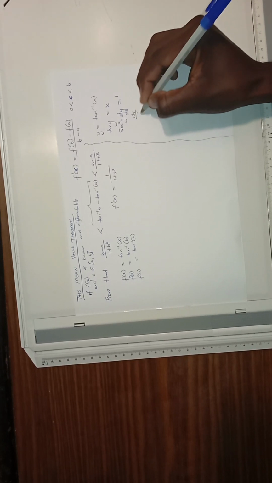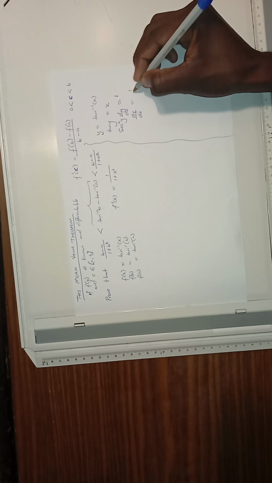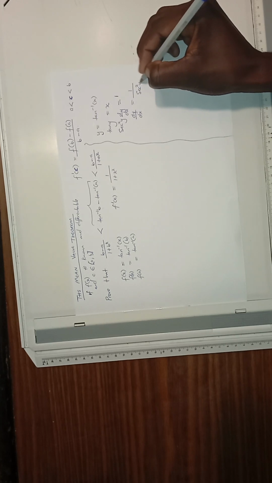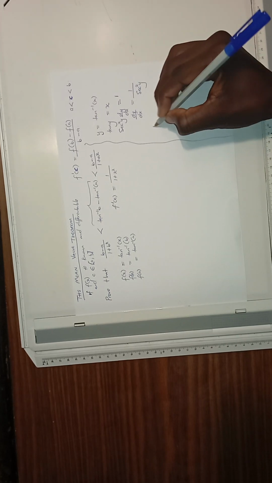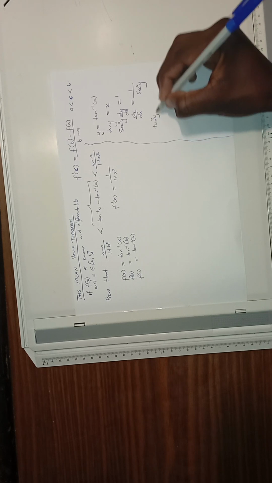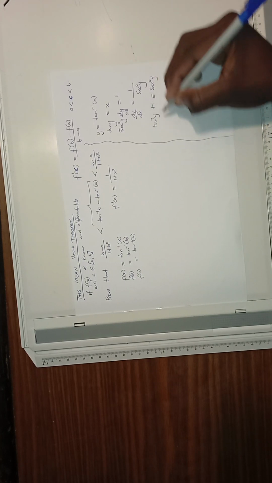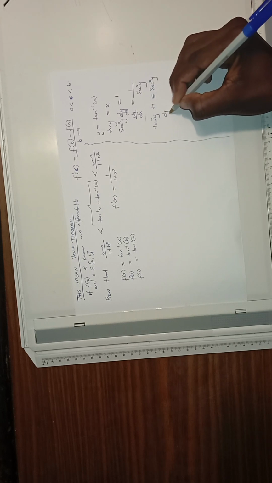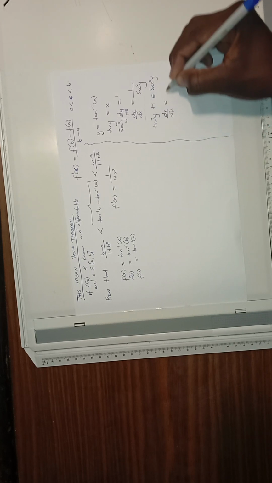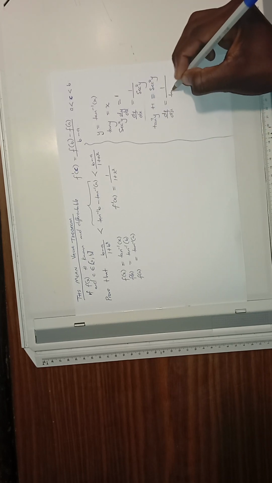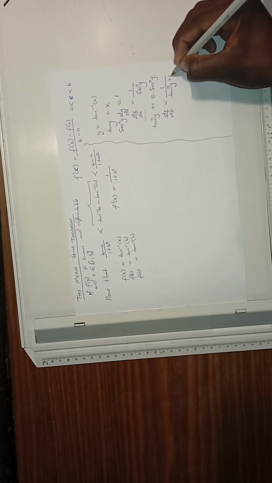Then dy over dx is equal to 1 over sec squared y, but tan squared y plus 1 is identical to sec squared y. So you come here and say dy over dx is equal to 1 over tan squared y plus 1.